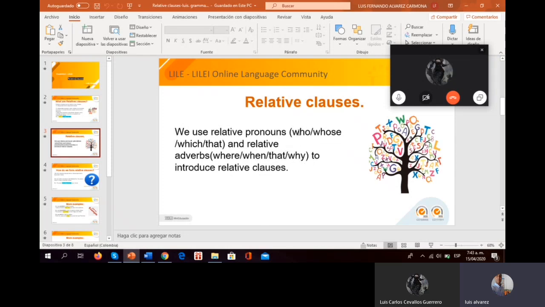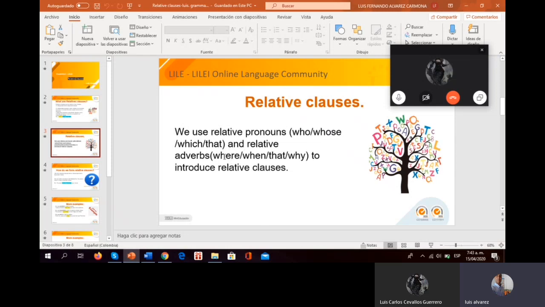We cannot forget the definition of these words. Once more, who for people, whose indicates possession, which is used when talking about things, animals, or ideas, same as that.